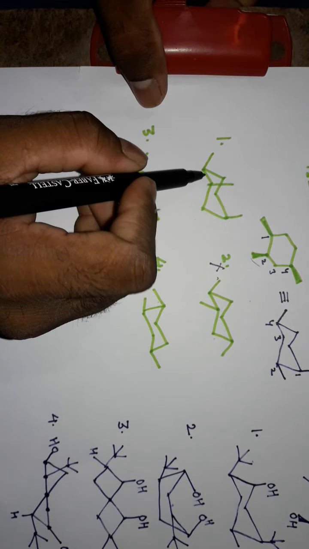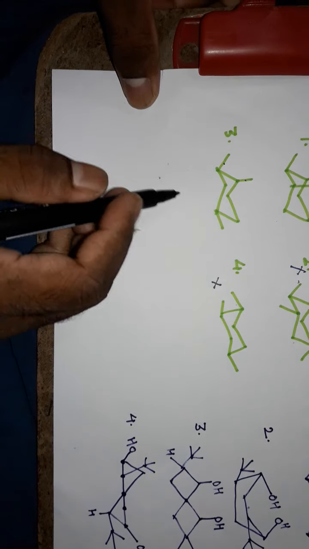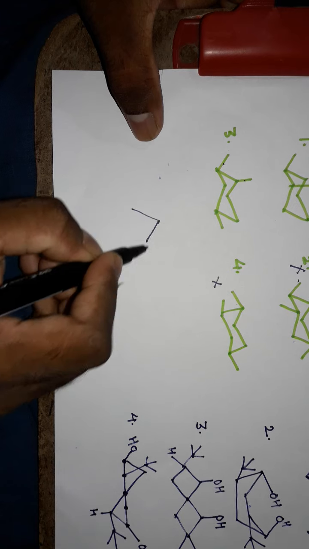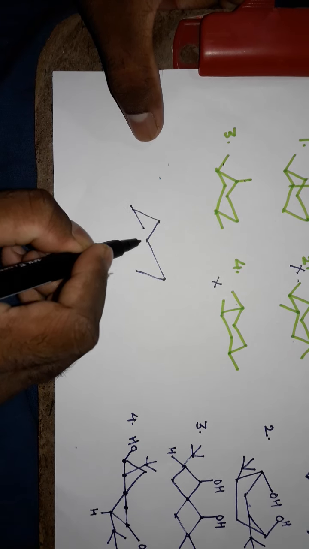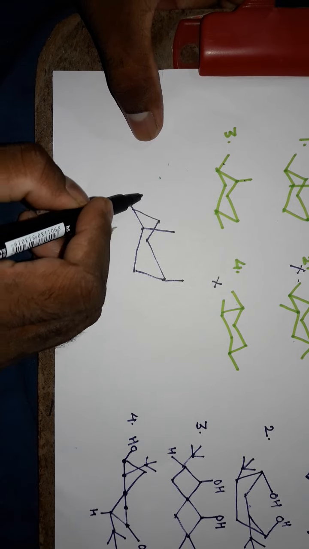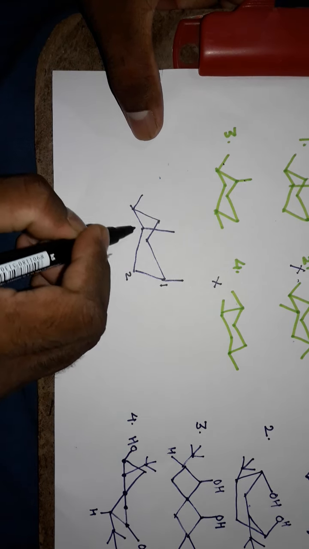Now in case of the first, if I write it again, the structure is like this. I have just told you that this is first, this is second, this is third.